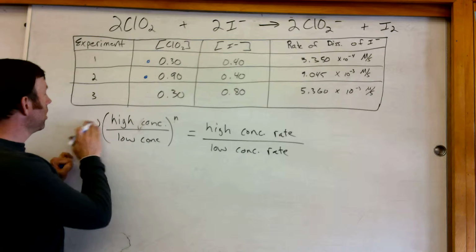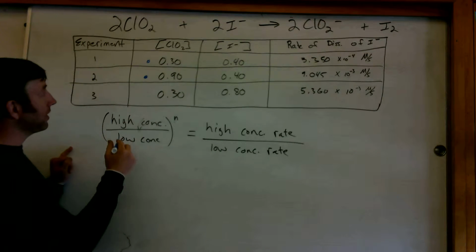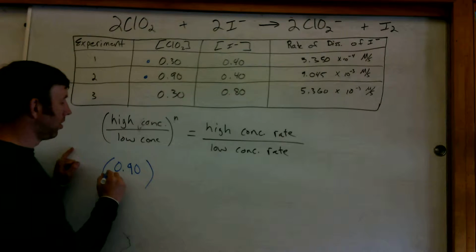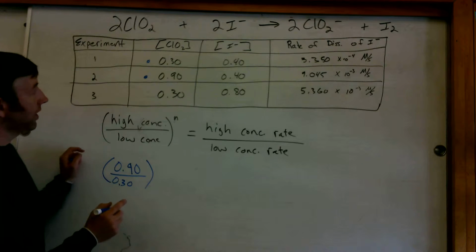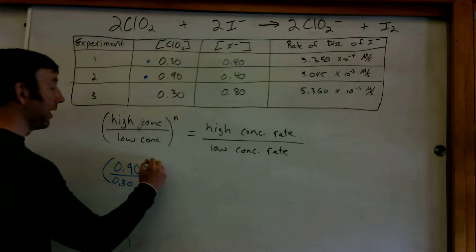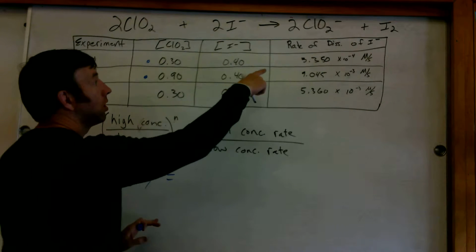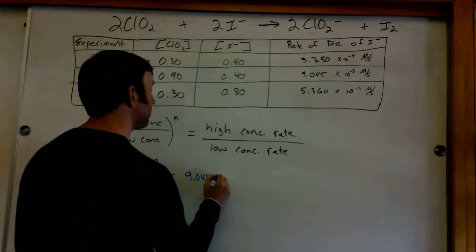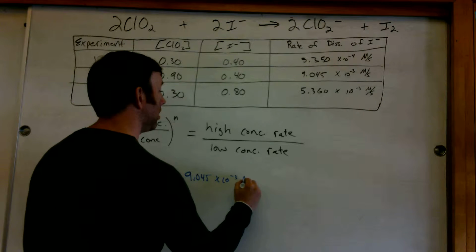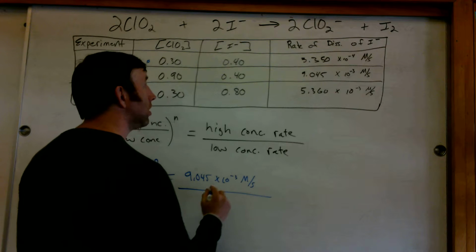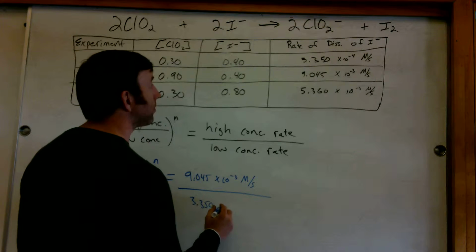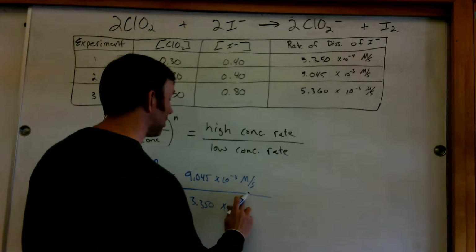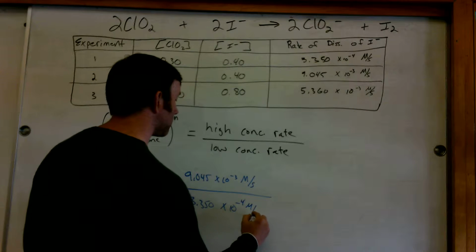So for my order with respect to ClO2, it's 0.90 over 0.30, my high concentration and my low, to the nth power, equal to the corresponding high rate, 9.045 times 10 to the negative third molarity per second, over 3.350 times 10 to the negative fourth molarity per second.